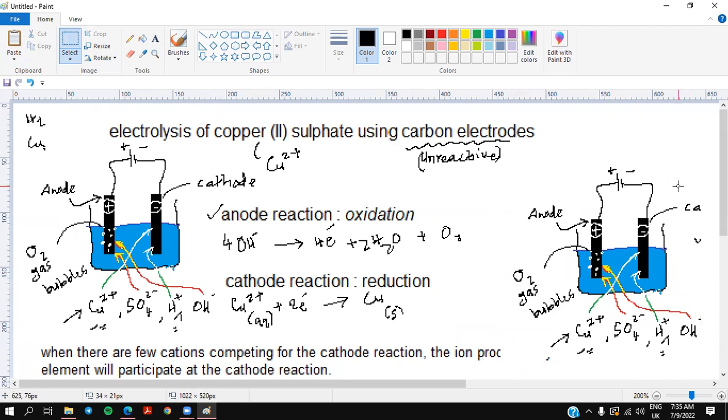I'm going to modify this diagram to show the appearance of the electrolysis cell after a while. You should observe this clearly and tell me whether you get it clearly. I'll take red.